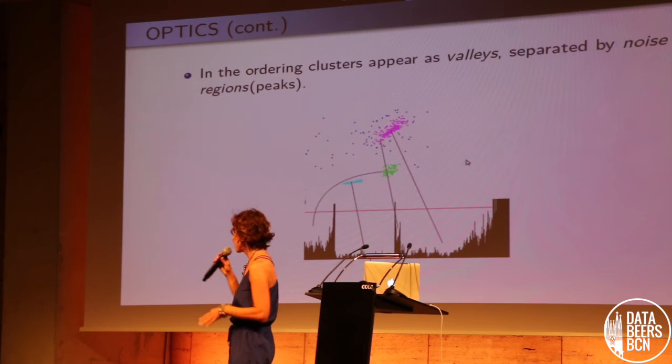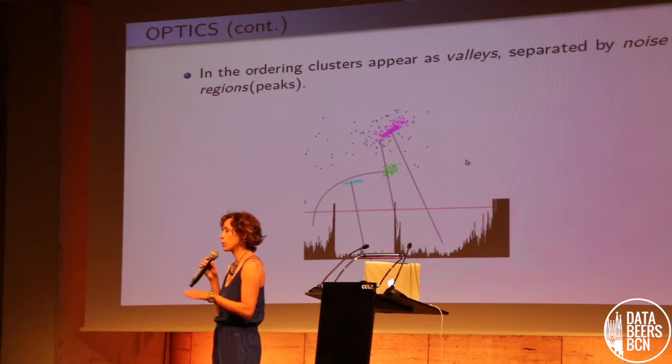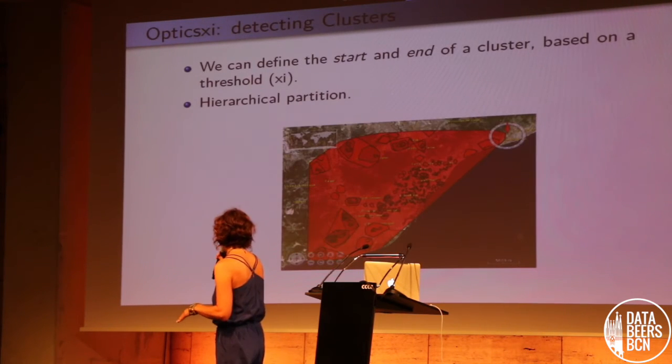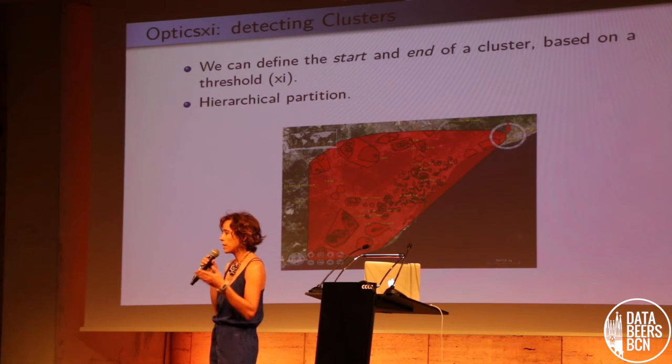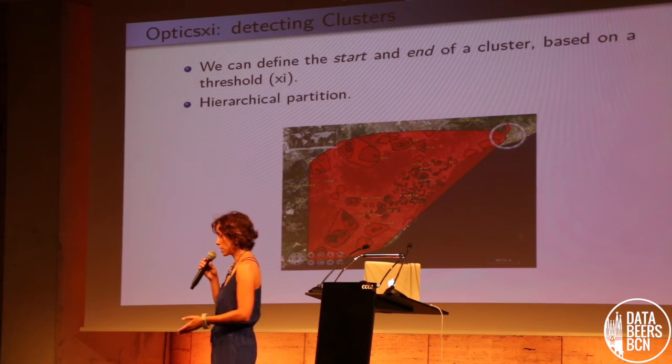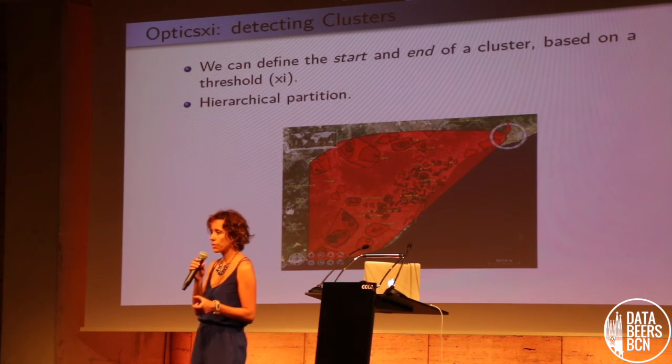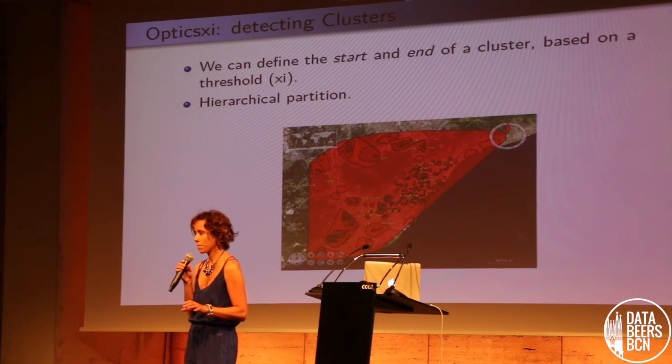Based on this, we can define a threshold parameter, a steepness, that we use to cut the start and the end of the clusters. And the result is a hierarchical cluster partition, as you can see here, where outer clusters contain inner clusters.